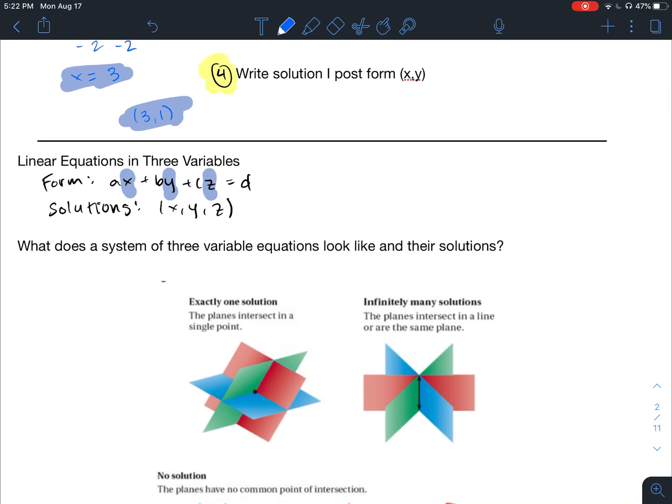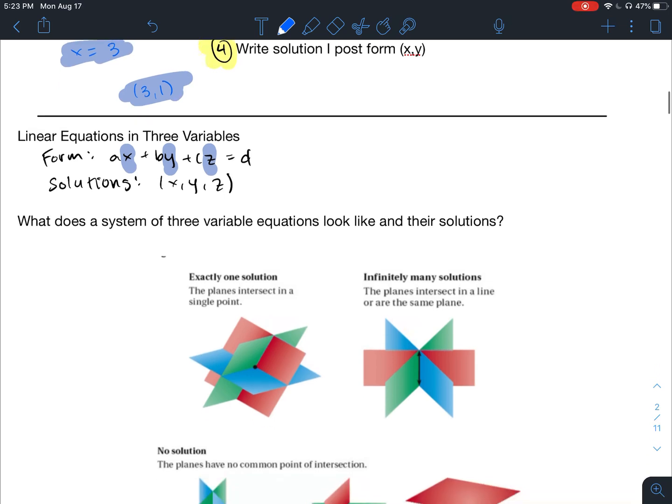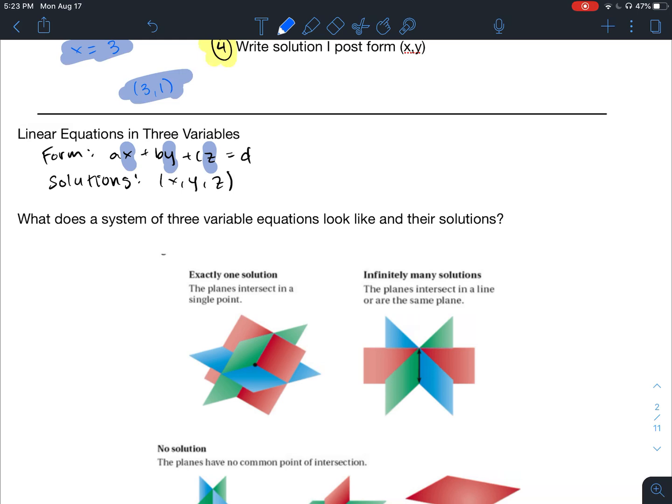So what does a system of 3 variable equations look like and their solutions? Well, in 3D space, these equations are going to look like planes instead of lines. Whenever we had just 2 variables, we were looking for the intersection between 2 lines. But in a 3D space, we're going to be looking at the intersection between the planes.